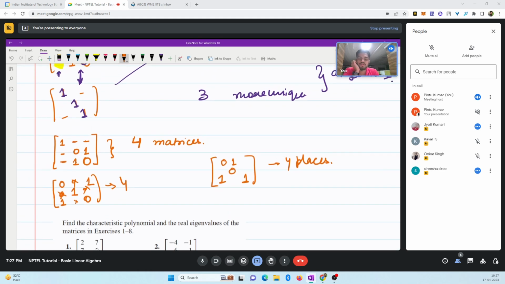Is there any other possible combination of diagonals that I have? So if I sum this, this is 6 plus 3 plus 4 plus 4. So this is 17 at least I am able to find.